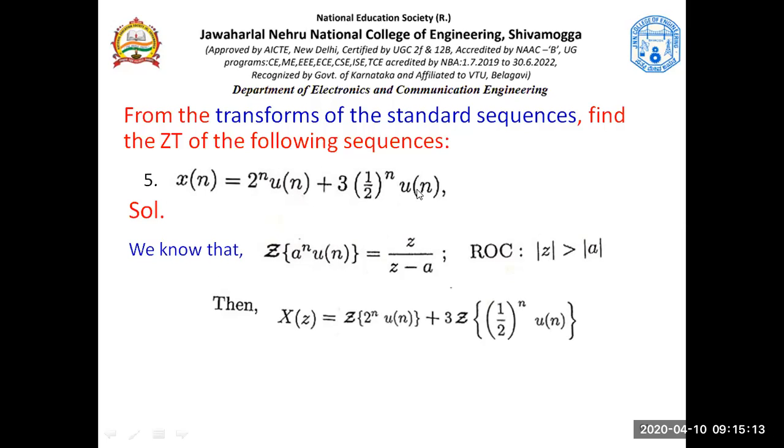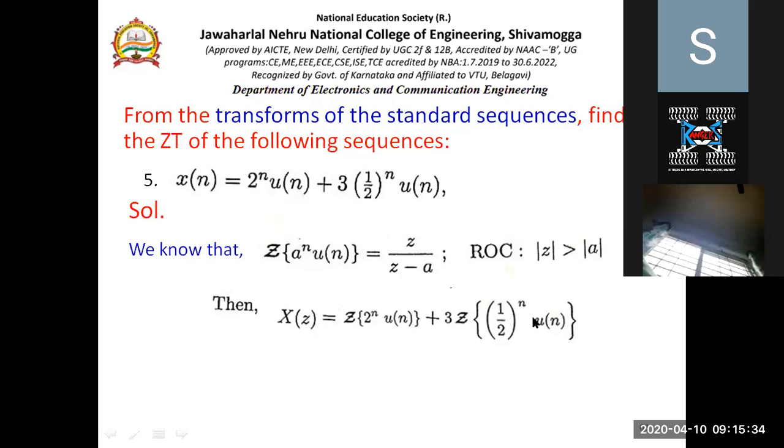From which property of Z transform is it possible? From the linearity property. The linearity property very clearly says that you can take the scalar out and apply the transform only on the signal. So by the linearity property of Z transforms, the 3 is taken out and Z transform is only applied on the function of n. Everybody is okay with that?